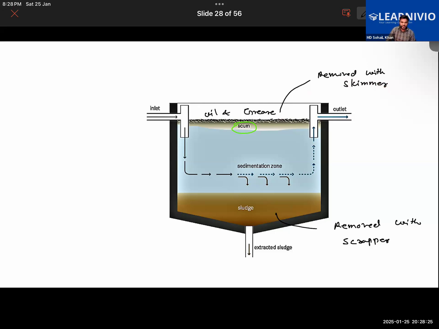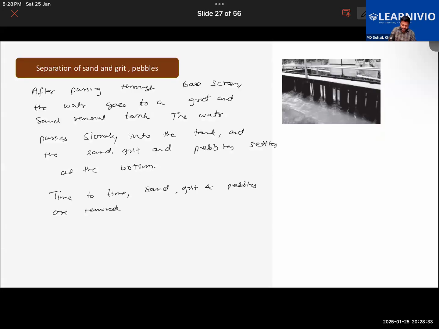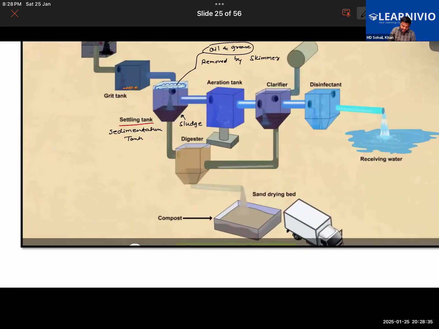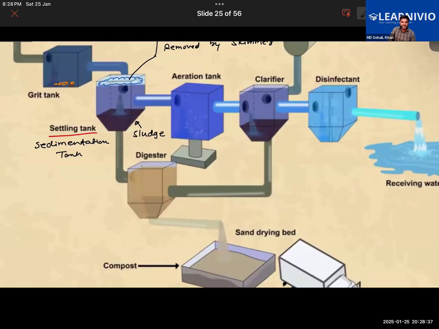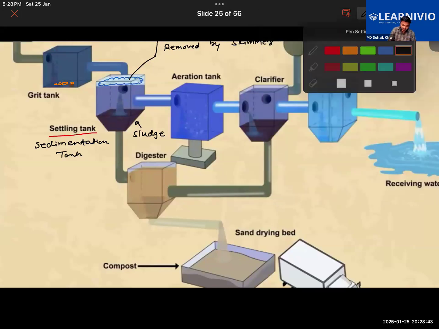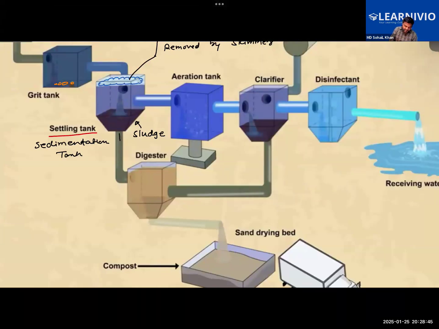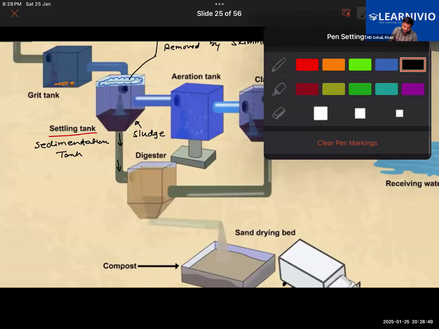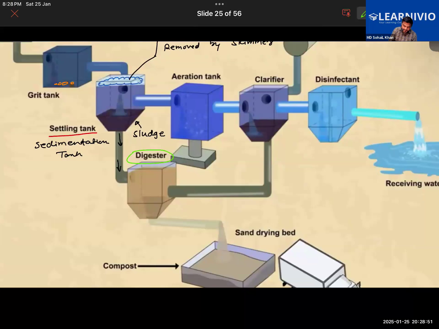Very good. Further, the sludge that has been obtained here is passed into a tank, where anaerobic bacteria will decompose it and produce biogas. As you can see here, the sludge is flowing into this tank that we call the digester.